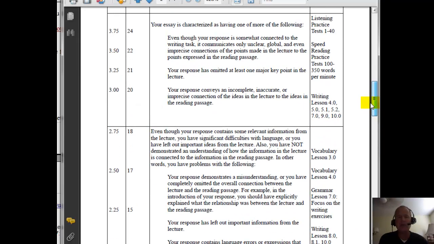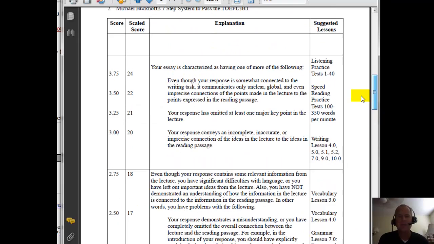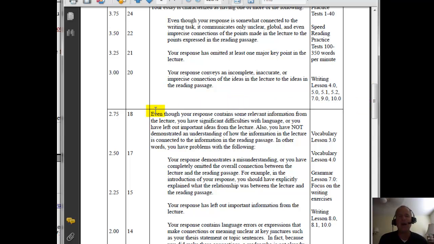I'm going to say 2.75 out of 4, 18 points out of 30 on this particular speaking test based on what I just read.